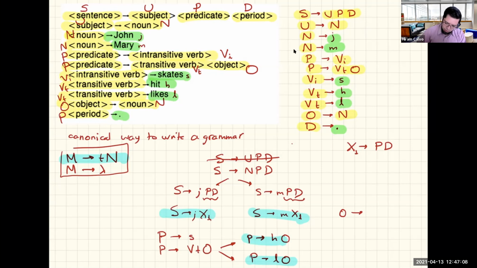So this O that can be rewritten as N, and this N can be J or M. So this O can be J, or this O can be M. For these rules that have nothing here, we can try to add something here. Something is empty.